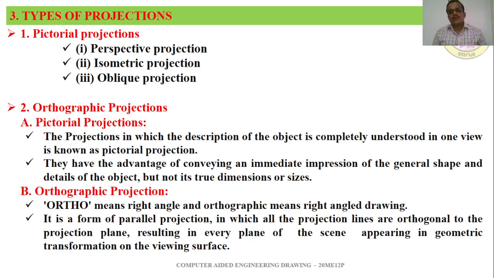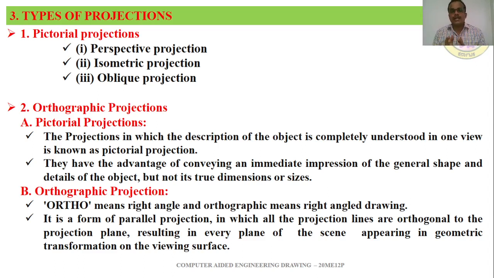It is a form of parallel projection in which all the projection lines are orthogonal to the projection plane, resulting in every plane of the scene appearing in geometric transformation on the viewing surface.